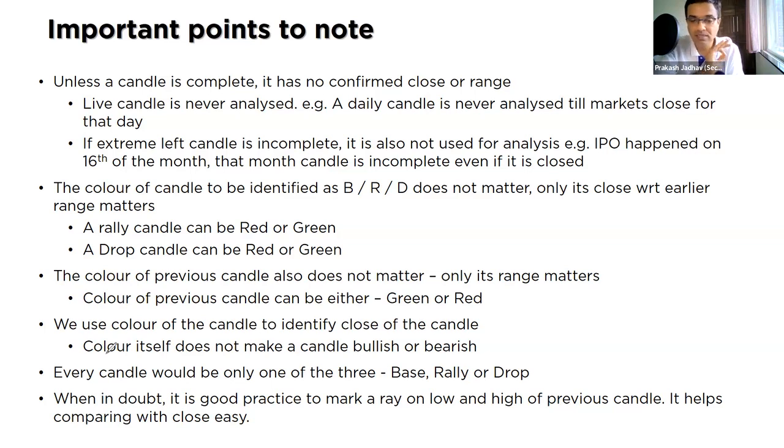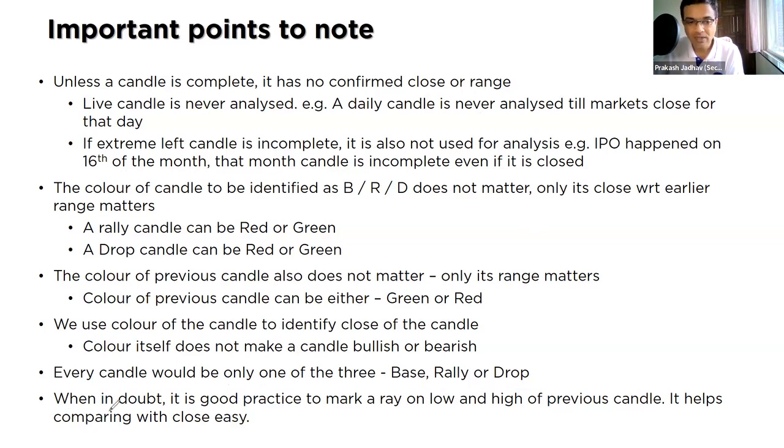It doesn't say that a green candle is bullish and a red candle is bearish. None of that happens. It has no meaning like that. Every candle would be only one of the three: base, rally, or drop. A rally cannot be a drop or a base, either way.